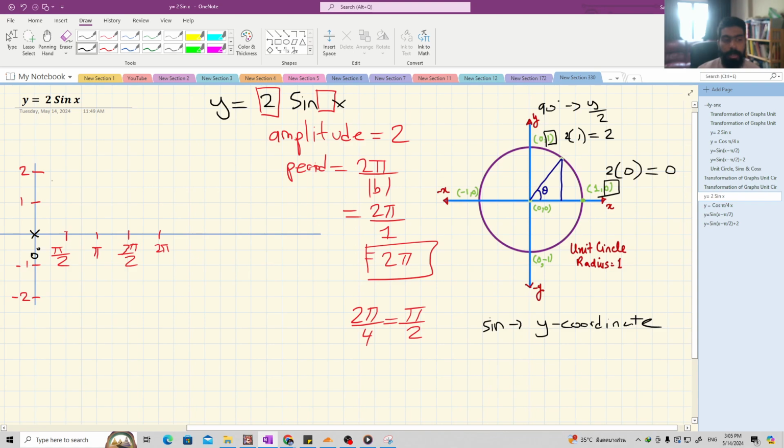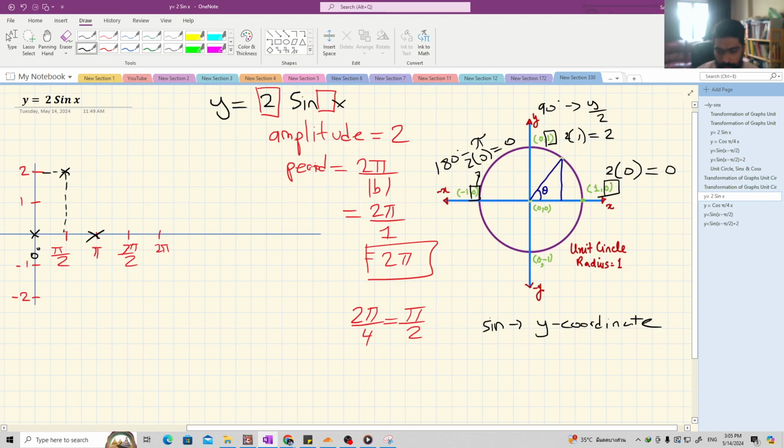So for 90 degrees, we would plot it at 2 right here. All right, guys. Now going to 180 degrees or pi, again we look at the y coordinate here. 2 times 0 is again going to give us 0, so we're going to go down to 0 again.